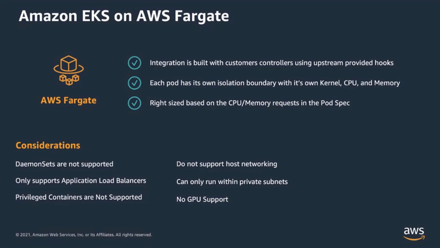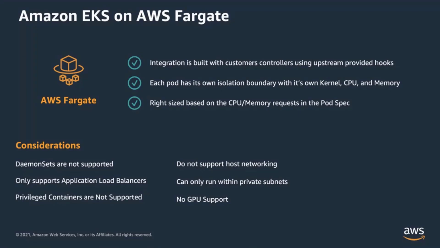Now, we also have to understand that Fargate is a different deployment model with EKS. Your application is still deployed using Kubernetes native APIs. Users will define a namespace for your Fargate profile, and any pods that are deployed to that namespace would be deployed using Fargate. But given the serverless deployment model, there are a few key considerations. For instance, daemon sets are not supported.